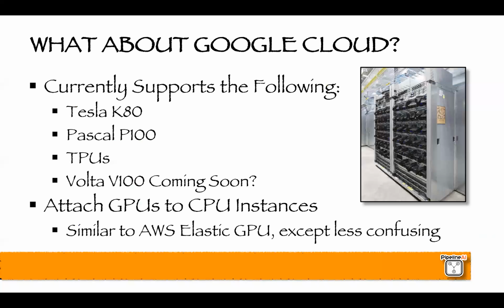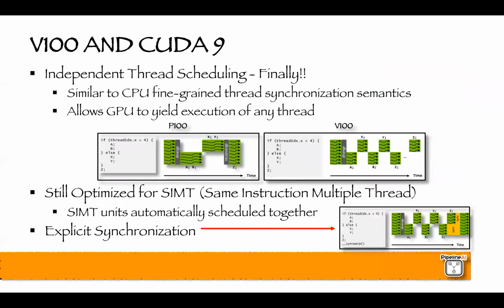But that was always kind of cool. And then I noticed that Amazon has something similar. It's called the Elastic GPU. I don't quite understand how it works. It only works with certain GPU types and CPU types, and I just kind of gave up and either use their full P3 Volta V100s or just use Google Cloud.